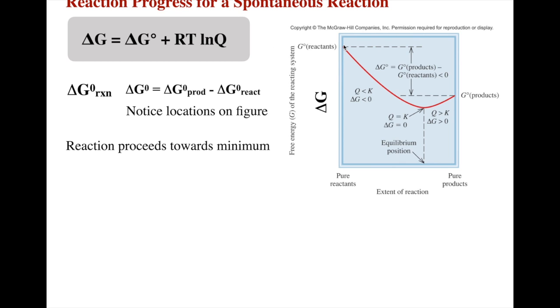Now, as Q gets bigger, delta G becomes less negative, becomes more positive, and so therefore less spontaneous.